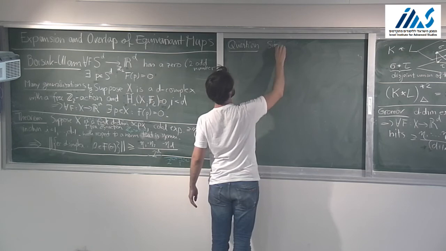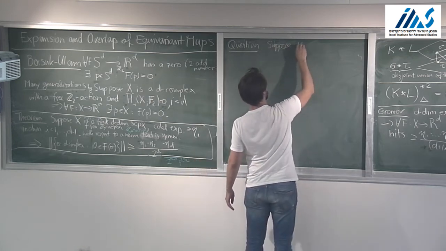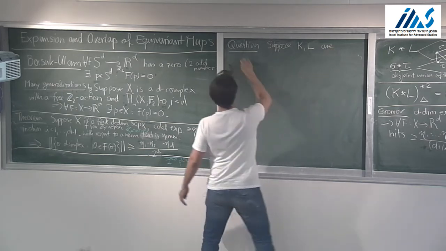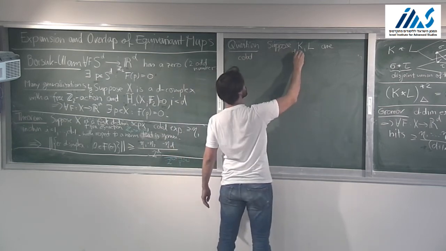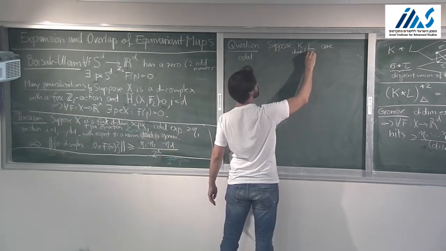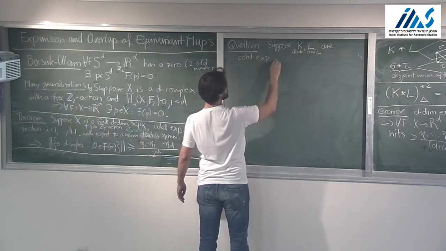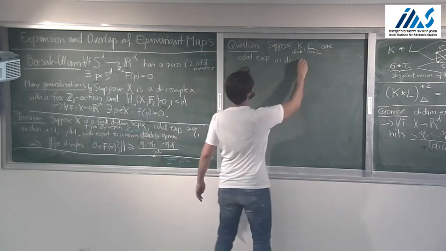Suppose K and L are expanders. So let's say this has dimension K, and this has dimension L. Co-boundary expanders in dimension less than their own dimension.